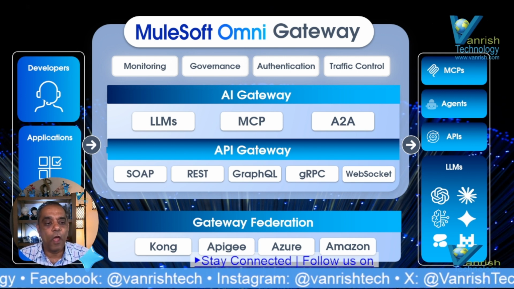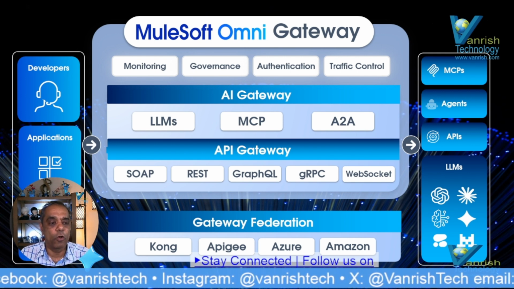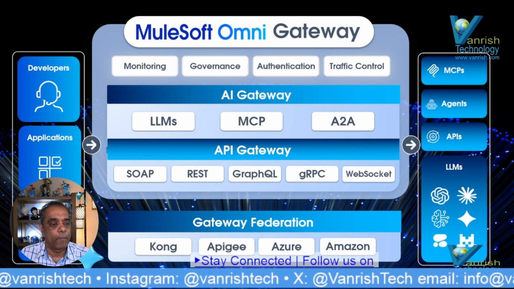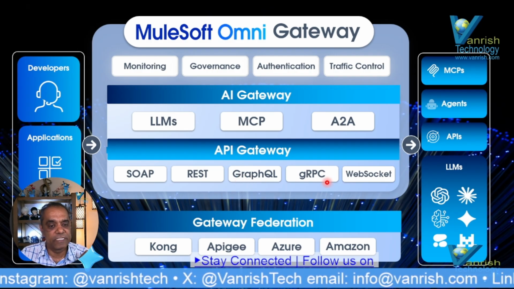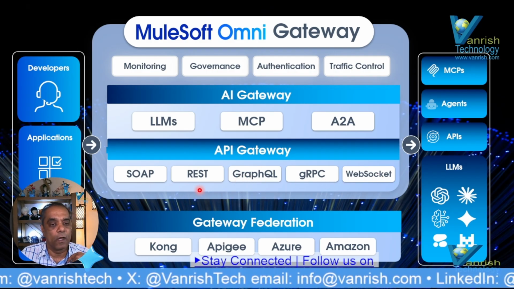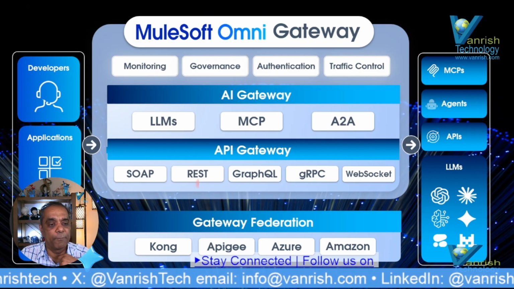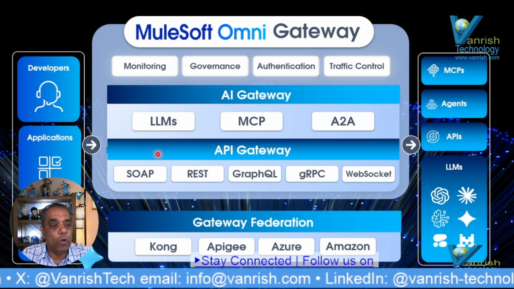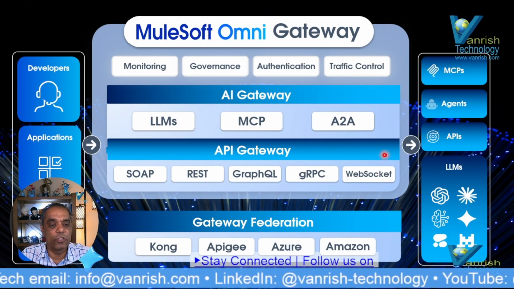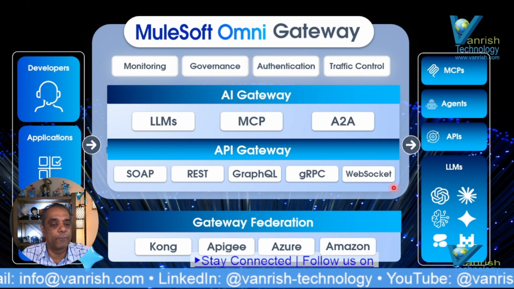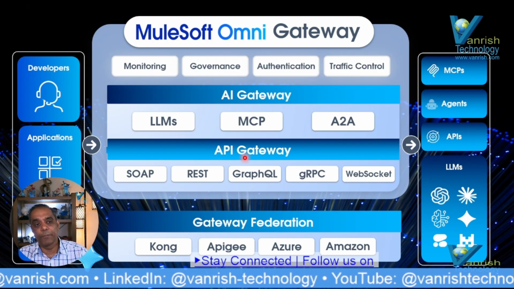On top of that, there are different protocols: REST, GraphQL, gRPC, WebSocket. These are the different kinds of protocols you are implementing, and on top of that you are applying the API gateway, which controls all these different protocols in one place.